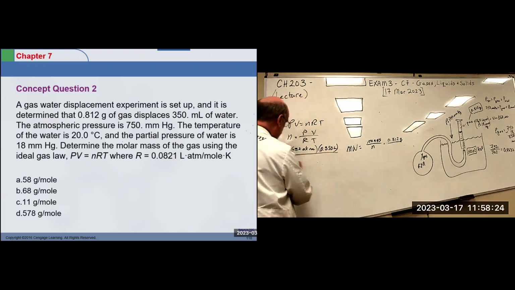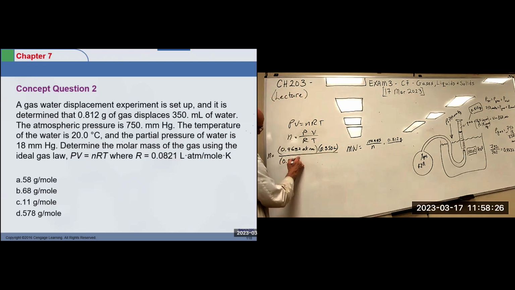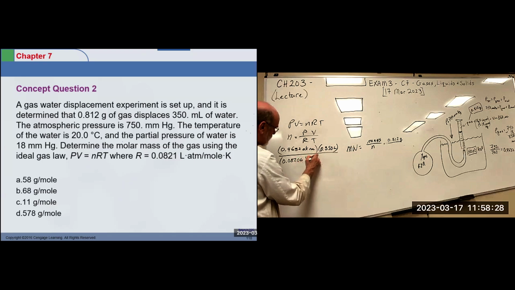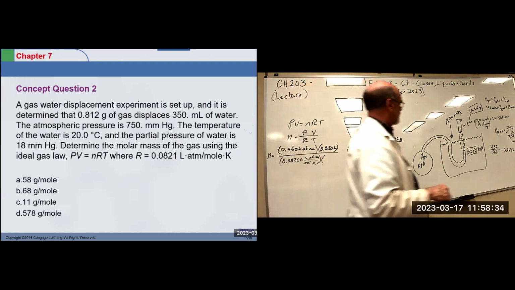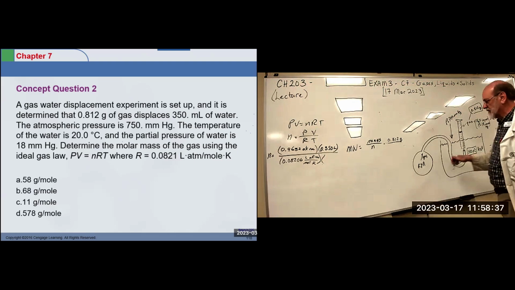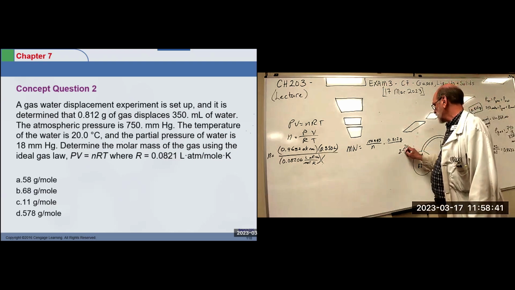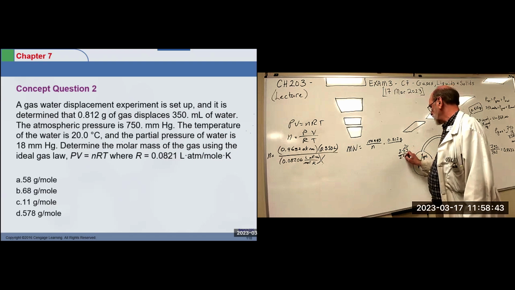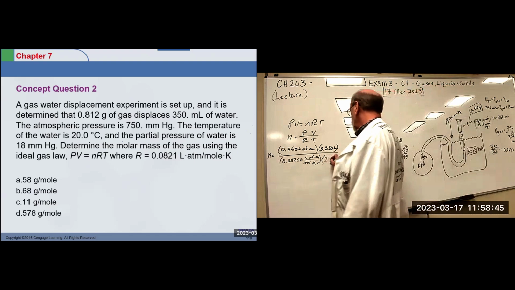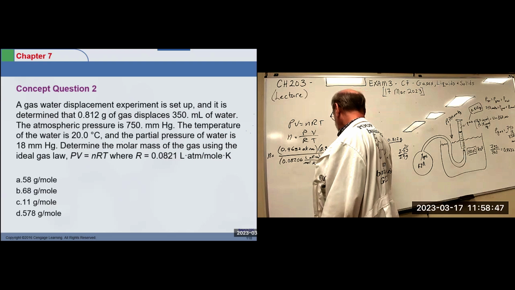Okay, what's R? We know that one, 0.08206 liter atmospheres per mole Kelvin. Okay, and what's the temperature? The temperature is 20 degrees. So what's that in K? 20 plus 273 is 293 K.